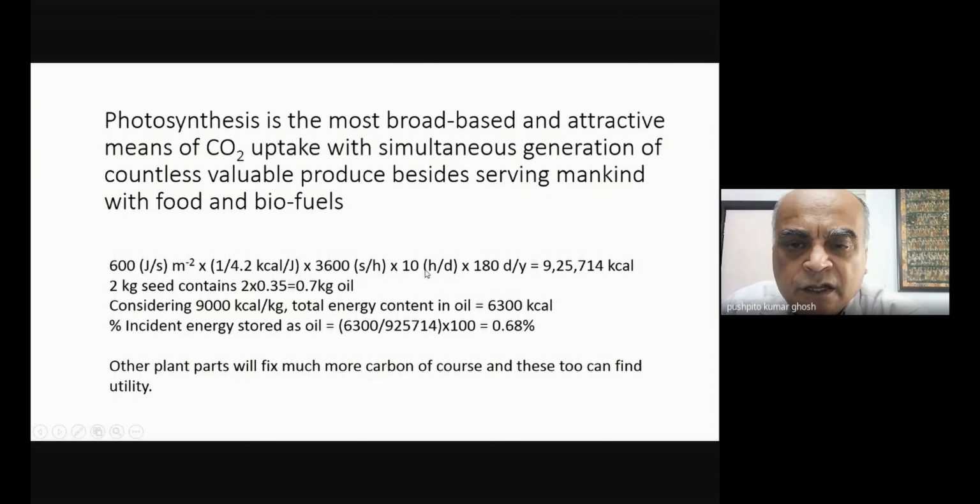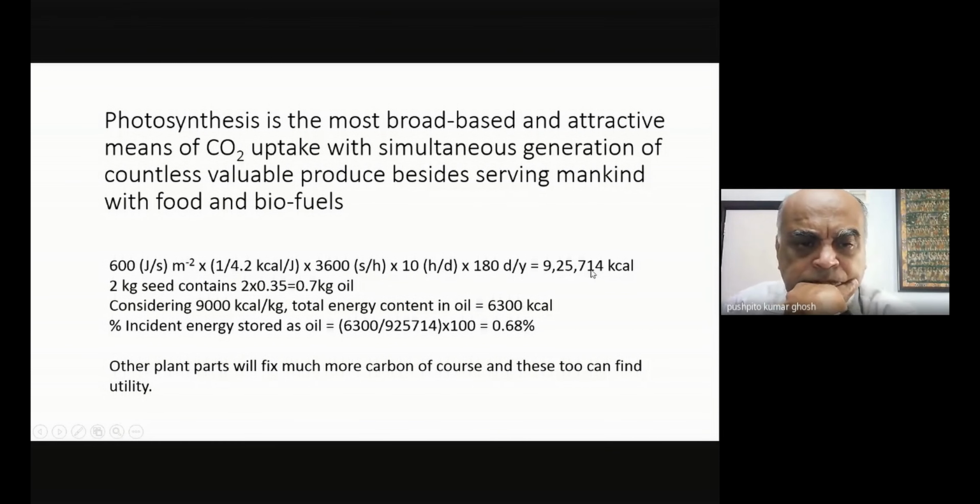And 180 days, let's say it's falling constantly, and you can work out that the figure is around 1 million kilocalorie, 0.9 million kilocalorie, which will be about 3.6 million joules, thereabouts.